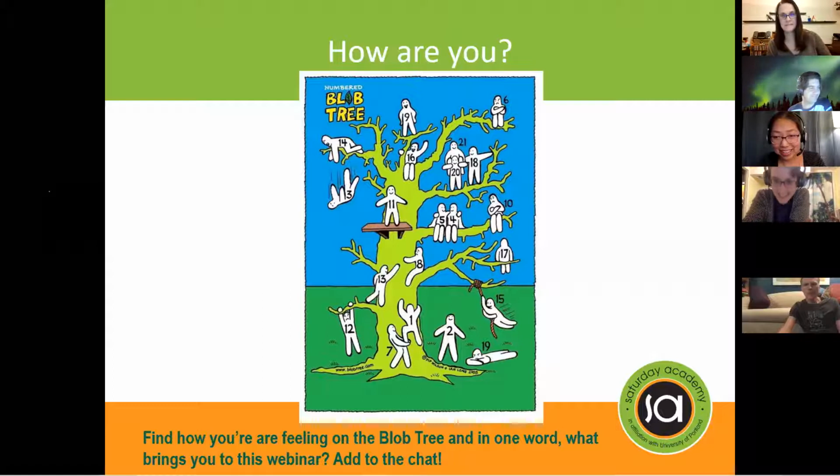Yay, blob 16 holding on but stable, yes. Came with curiosity, awesome. We love curiosity. Got an 11, blob 16. 12, 13, and 8 hanging in there. Hang on tight. And 9. Love this. We are all up and down this blob tree doing blobby things. 11 and 15.